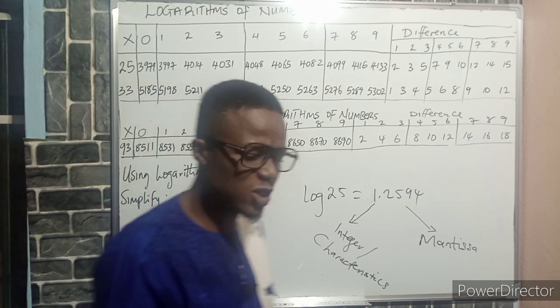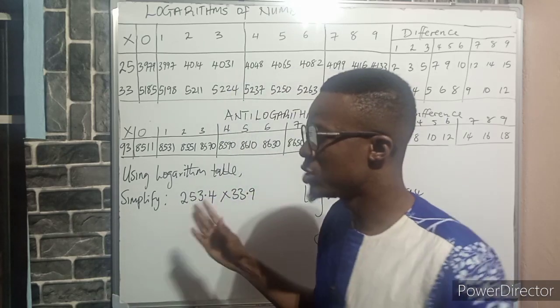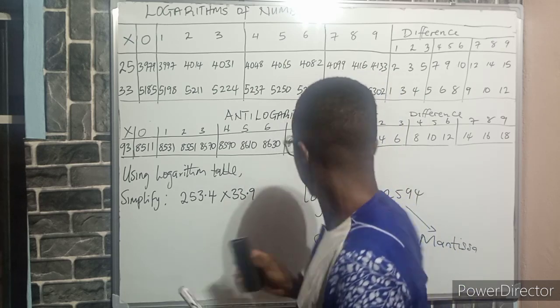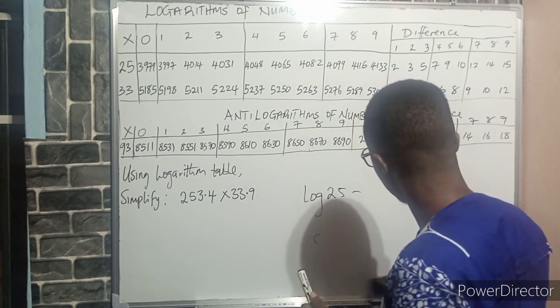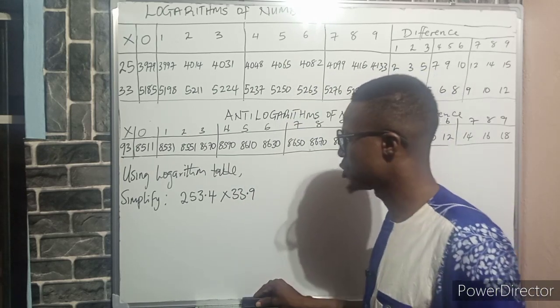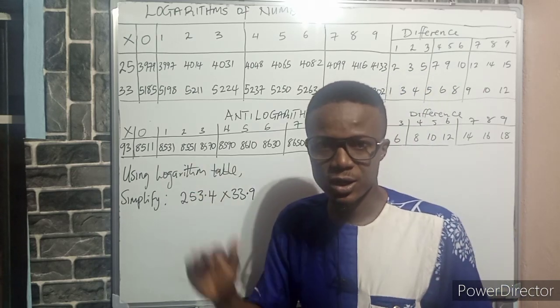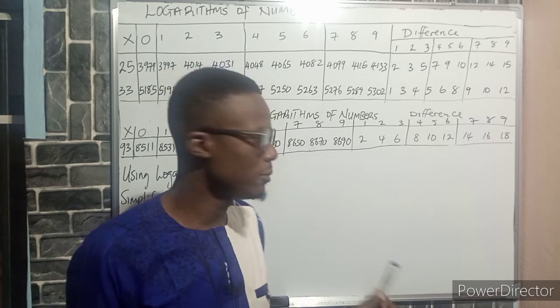And of course, if you pay maximum attention to this video, you can do any work given to you under logarithms. That is why for this class, I have decided to bring out just one problem we are going to solve in order to understand how to utilize the logarithm table in dealing with problems like this.